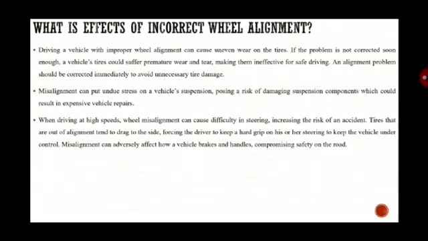Tires that are out of alignment tend to drag to the side, forcing the driver to keep a hard grip on the steering wheel to keep the vehicle under control. Misalignment can adversely affect how a vehicle brakes and handles, compromising safety on the road.